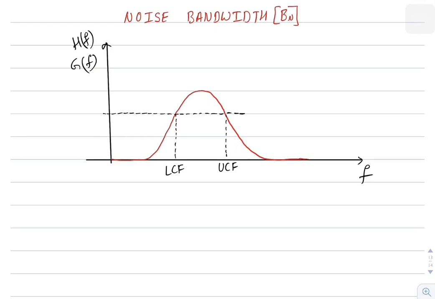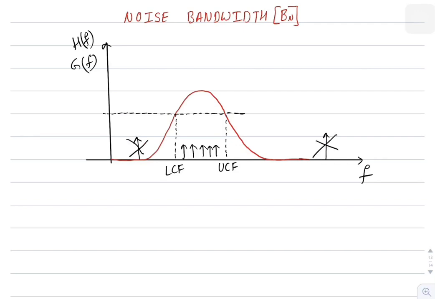Let us say antenna is generating a noise which is available here. Similarly, the antenna is generating a noise whose frequency is somewhere here. This filter will only accept the noise which is in between these two frequencies, and it will reject the noise which is not in the bandwidth of the filter.